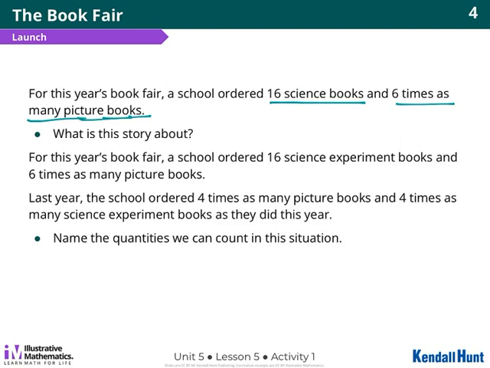Raise your hand when you know. About 7 of us know, and the others have no idea. Let's read it again. For this year's book fair, a school ordered 16 science books and 6 times as many picture books. What is this story about? Keep them up when you know. What is it about?